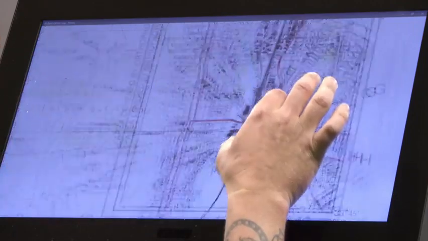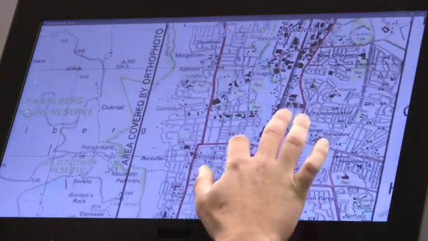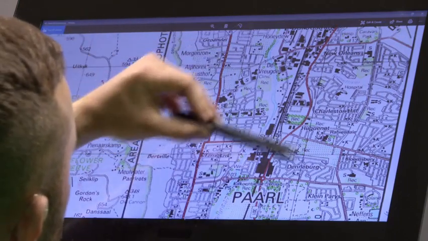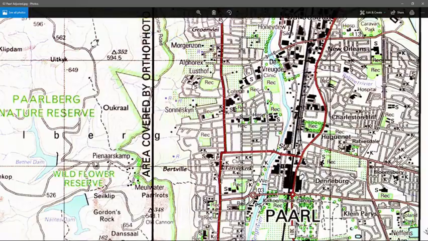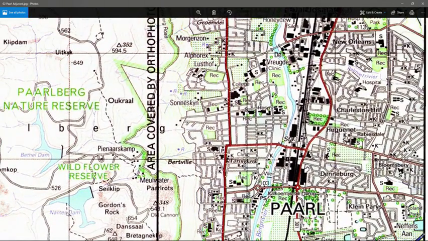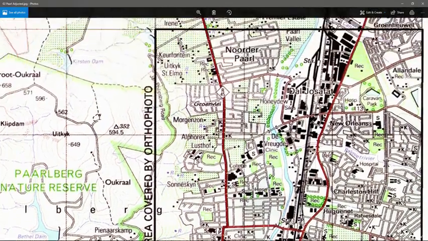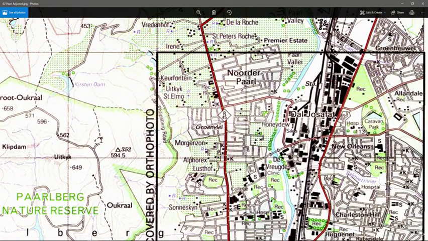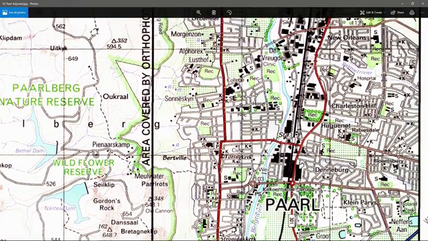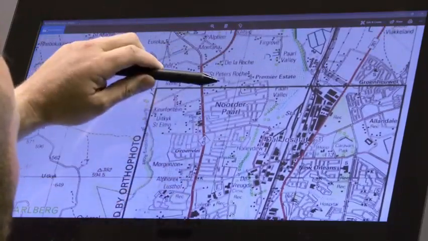As you can see, there's Paarl, and this is the CBD, Central Business District. One thing that's certain is that it's definitely a linear shape, situated next to the Berg River. Look how it stretches from there all the way up there.